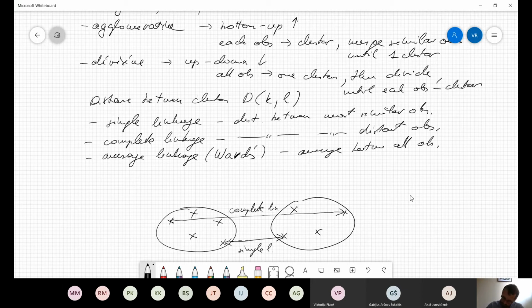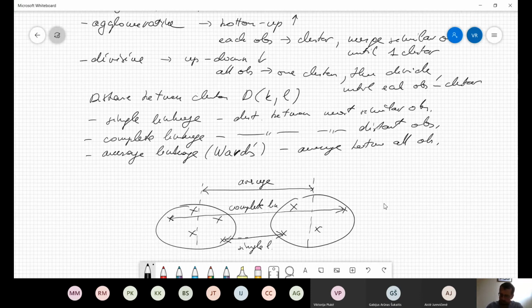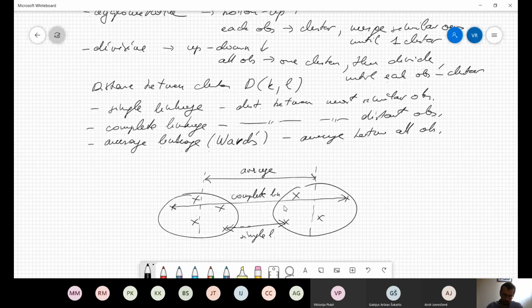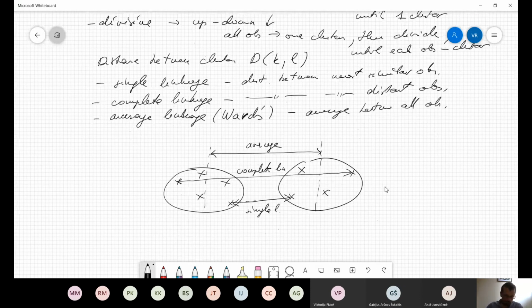So the average would be somewhere like here, and here, this would be the average. Okay, so basically now we have a way to calculate the distances.